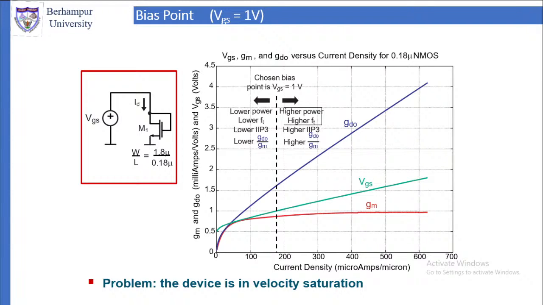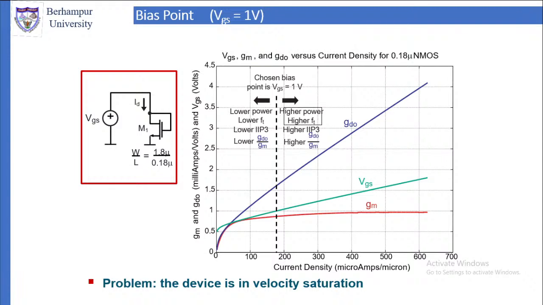Now also we saw this when we determine the bias point with gate source voltage equal to 1 volt. If you look at the 1 volt line, the dashed line, to its left we have the low power amplifier LNA.